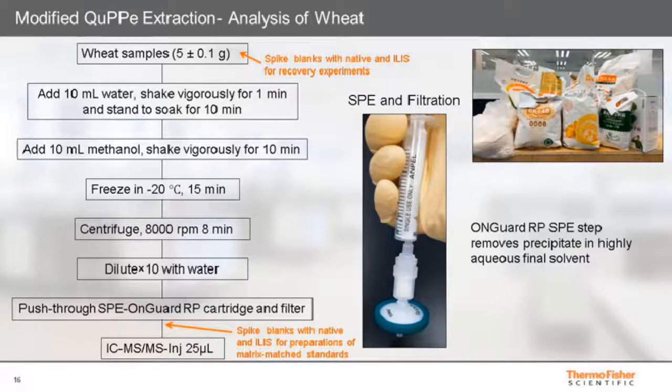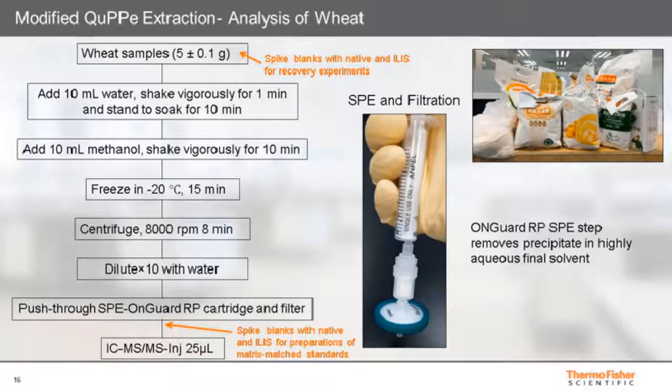So firstly, 5 grams of wheat sample is rehydrated with 10 mL of deionized water. The aqueous slurry is extracted with methanol, and then the mixture is cooled at -20 for 15 minutes prior to centrifugation. The supernatant is then diluted tenfold with water before solid phase extraction cleanup and filtration using an OnGuard reverse phase cartridge connected to a 0.2 micron filter.